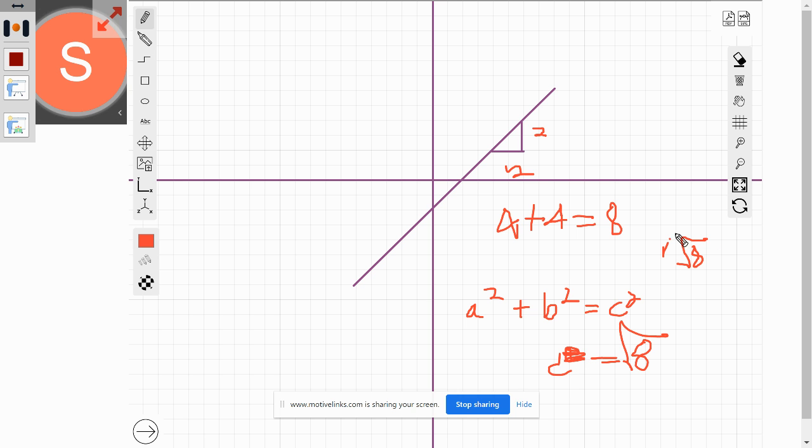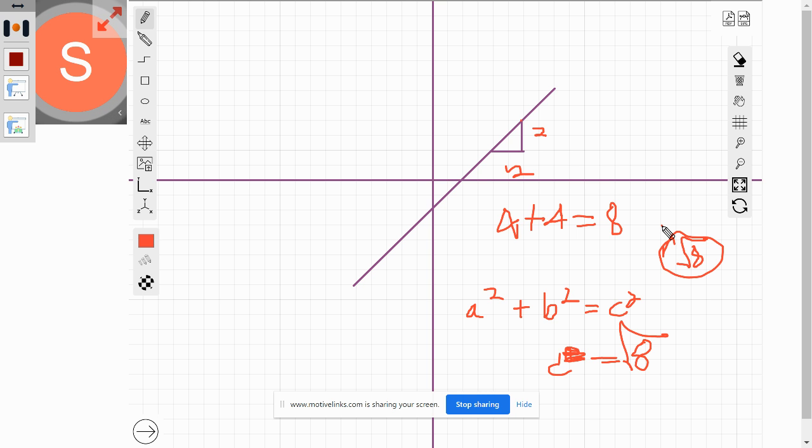So this is our answer, C. So that would be basically like the missing length. Yep. Okay.